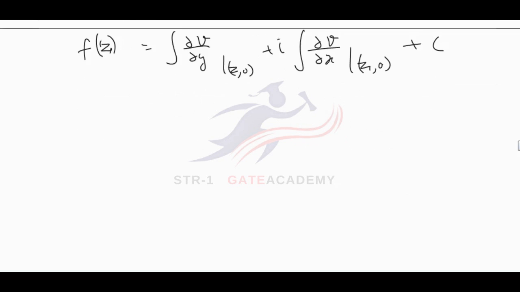Correct? One more thing, sometimes they will ask you directly also. There is a second method, in fact. If the real part is given to you, if u of x y is known, a shortcut I'm giving you.